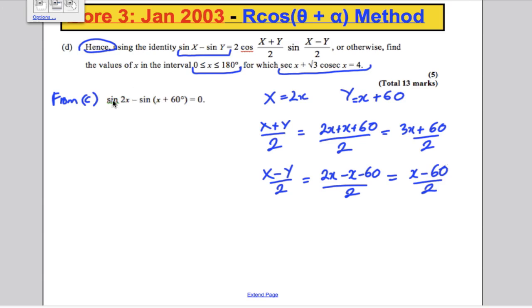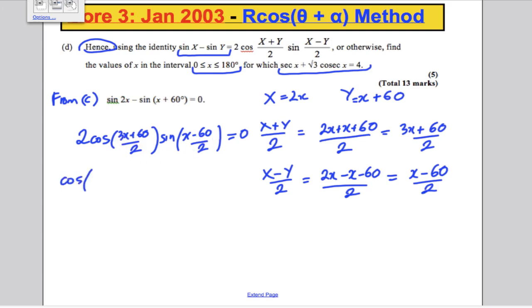So solving this here, using this up here, is the same thing as solving 2 cos 3x plus 60 over 2, sine x subtract 60 over 2 is equal to 0. I could divide everything by 2, and these two things are 0.